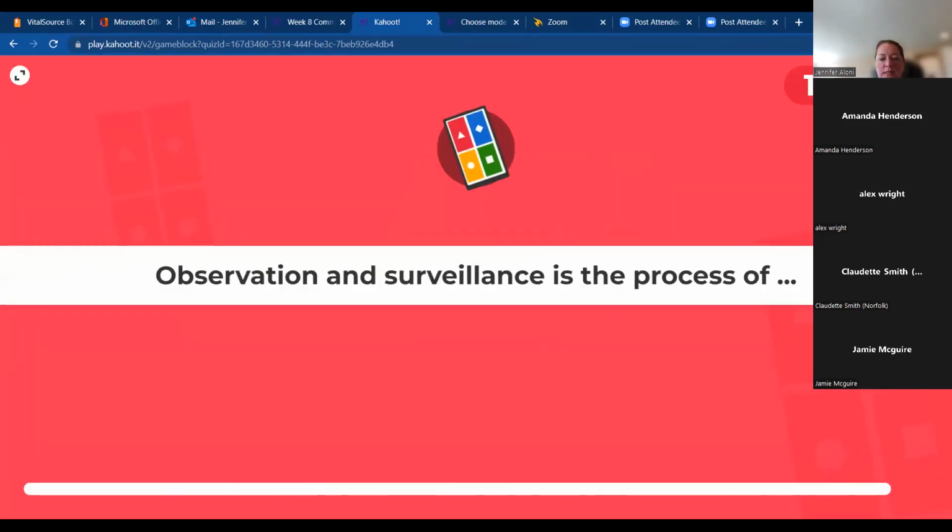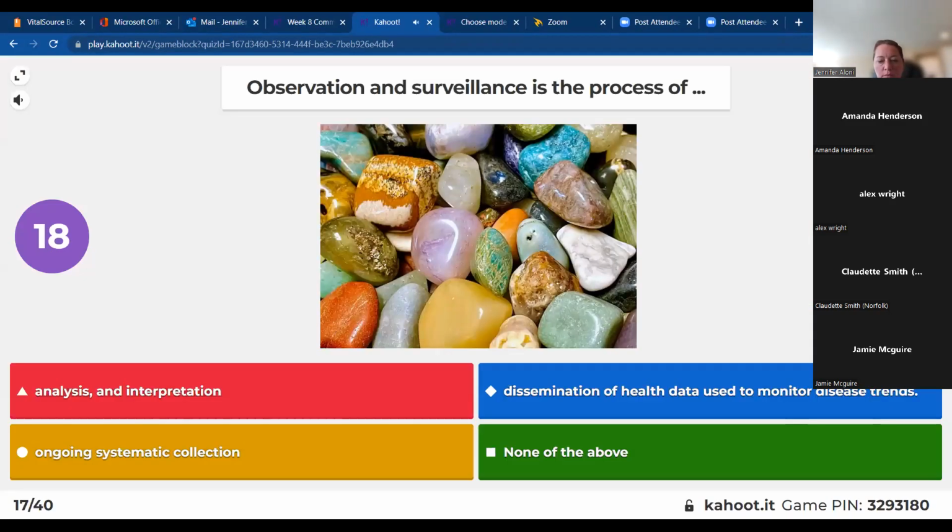Observation and surveillance is the process of... this is kind of definitional.